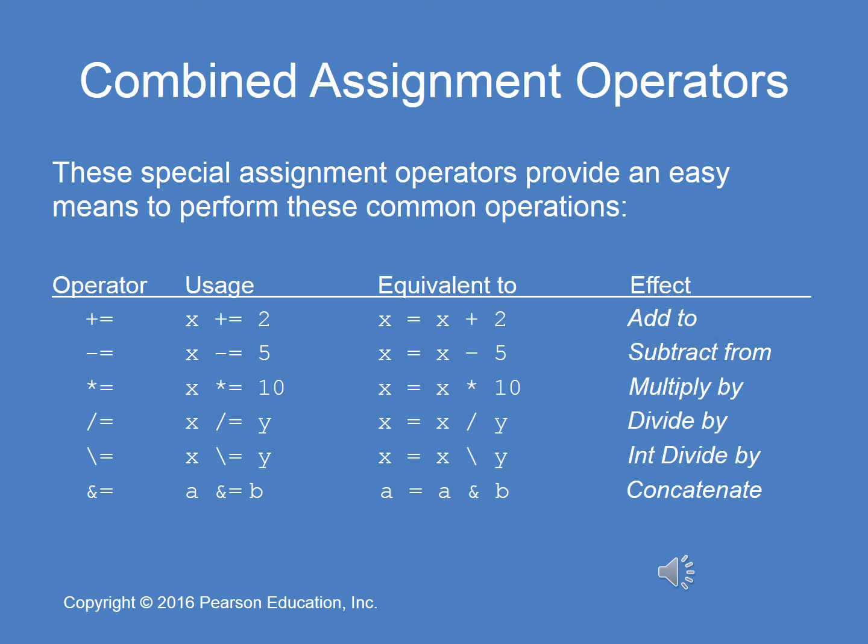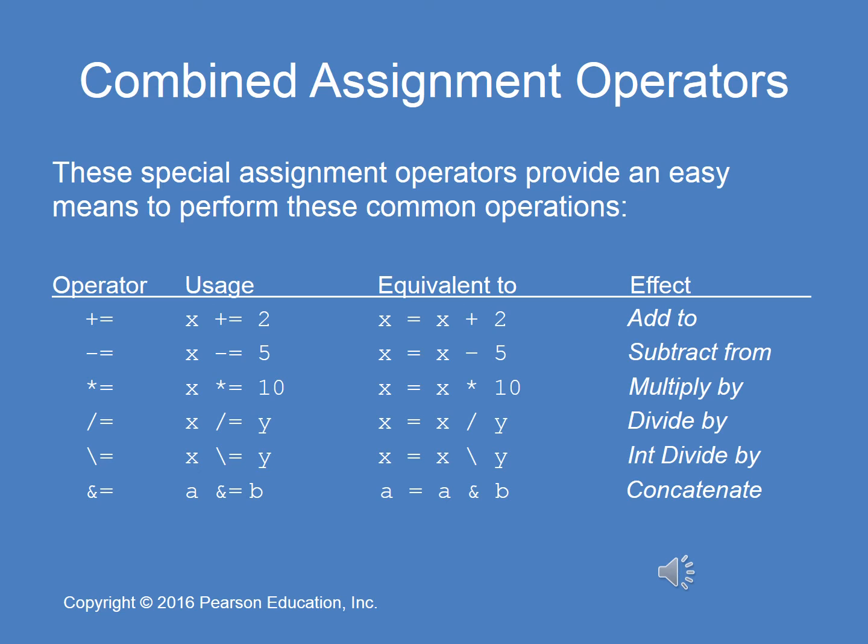Anyway, the plus equals operator allows you to shortcut the statement x = x + 2 as x += 2. Now, you don't have to use these, but they are nice, and they do give your programs a professional look. Minus equals allows you to take x = x - 5 and express it as x -= 5.